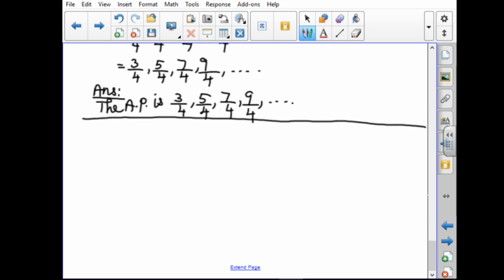After finishing the calculation, you write the answer. It is very easy. This is a good method also.